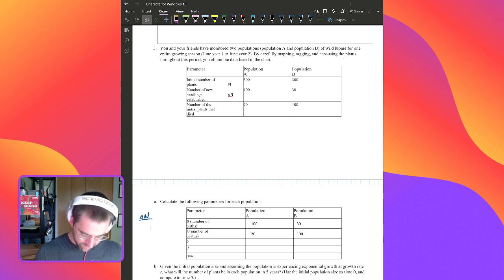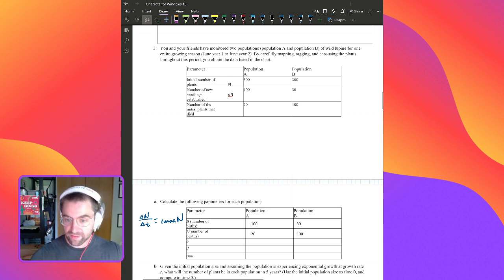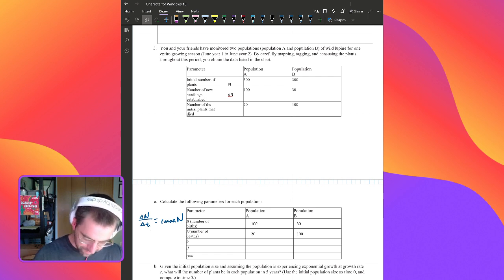Delta N over delta t equals R max times N. So for population A, we'll do this up here. We said that our delta N was 100. Our unit time is 1 year, so we're just going to leave that.